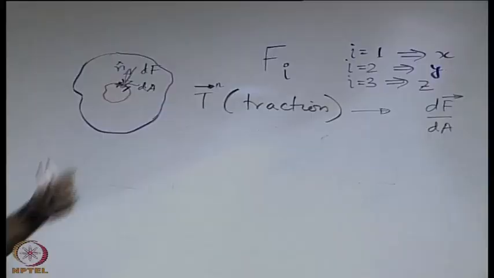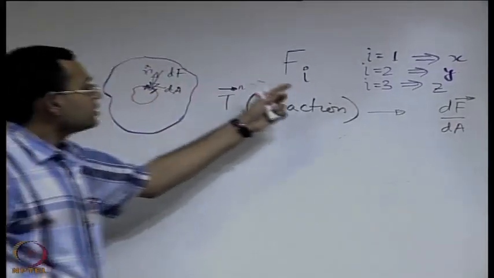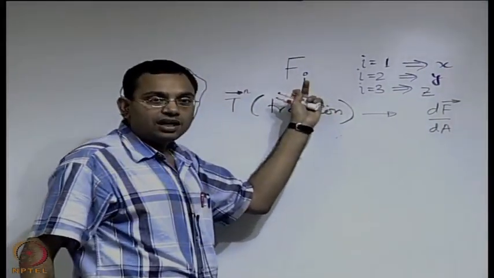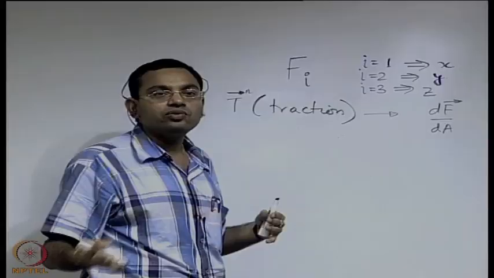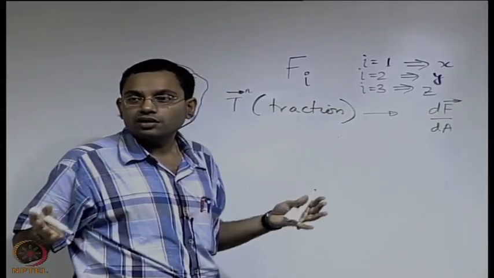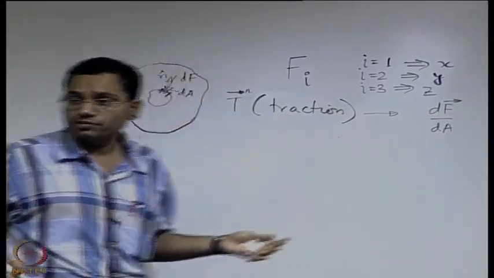By using one index i and varying it from 1 to 3, we may denote the components of a vector.